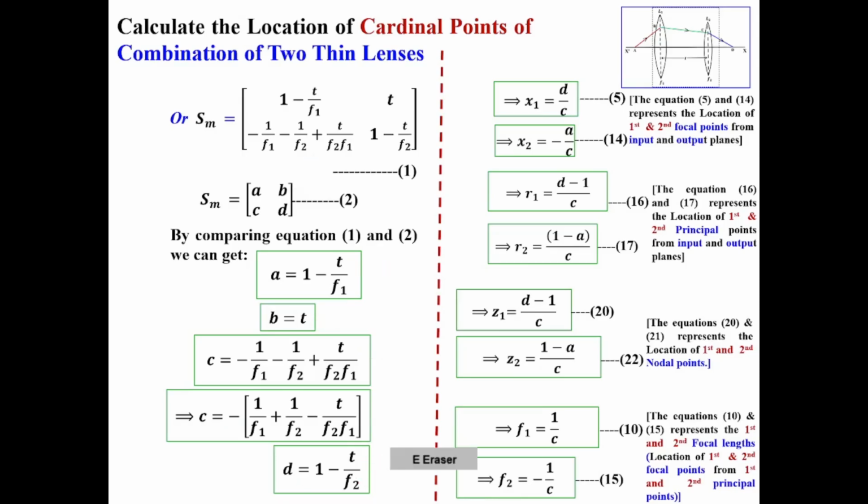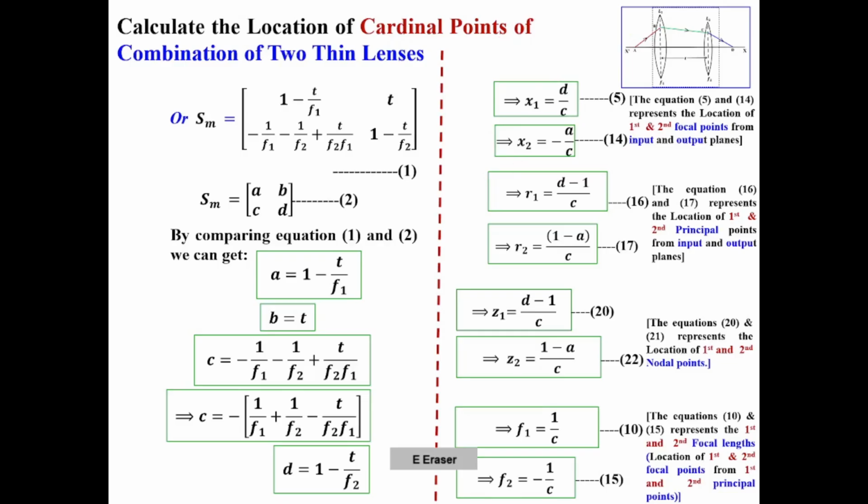To find the location of cardinal points, we should remember these expressions. Here 5 and 14 we already discussed in our previous video. You can check the lecture number 10 video and watch how this expression came.